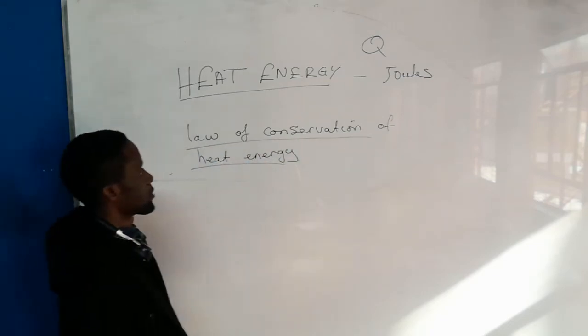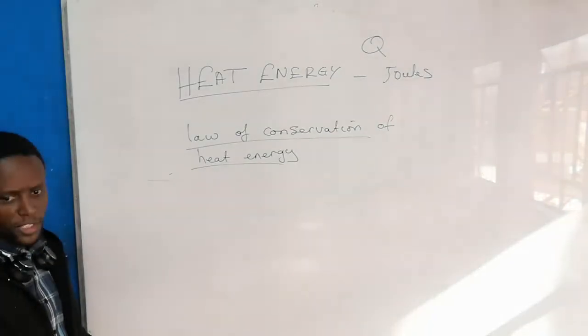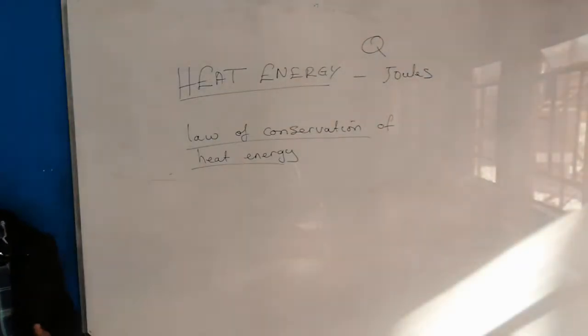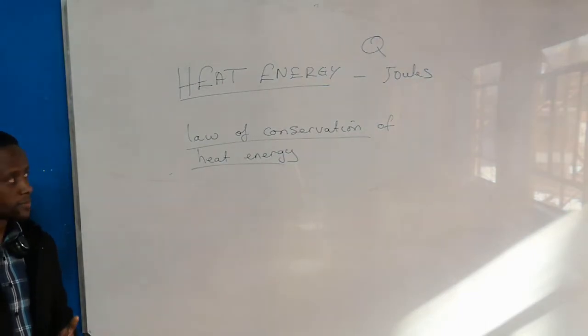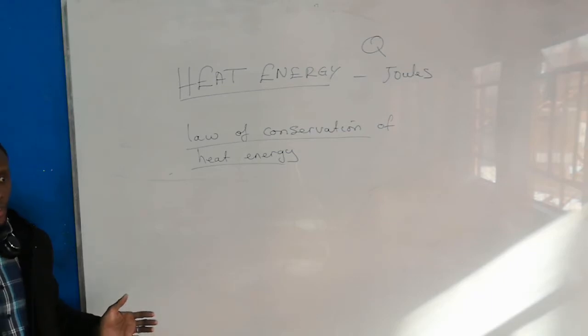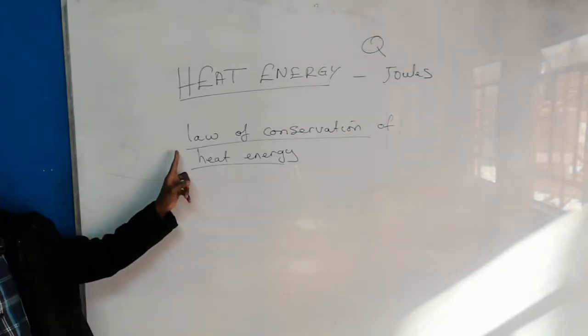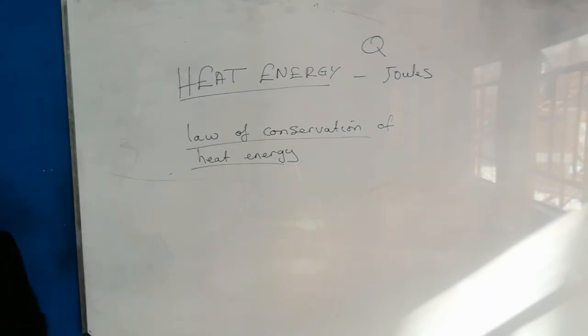Law of conservation of heat energy. We know the law of conservation of energy. Energy cannot be created or destroyed, but can only be converted from one form to another. It's the same thing. We cannot create energy, but we can only transform it from one form to another. Now, the law of conservation of heat energy is talking about having different substances.